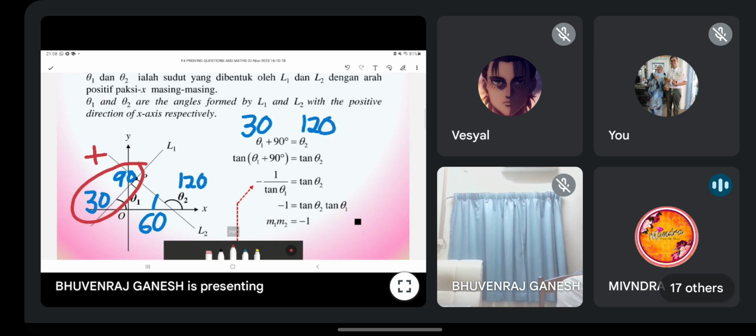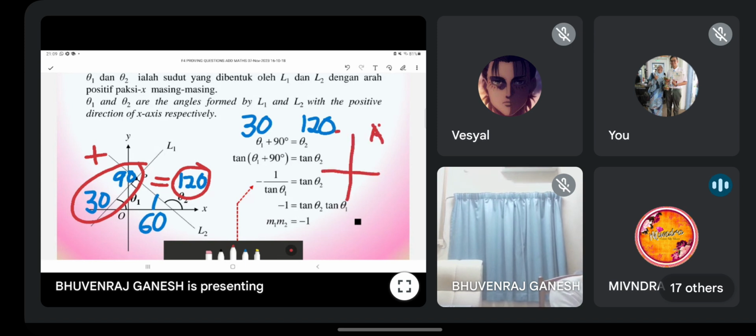So tangent theta 1 plus 90 is tangent theta 2. Kita guna tangent times with tangent. Lepas tu macam tadi kan ada 4 bahagian, sukuan pertama, sukuan kedua, sukuan ketiga and sukuan keempat. Kalau nak ingat, all science teacher crazy.